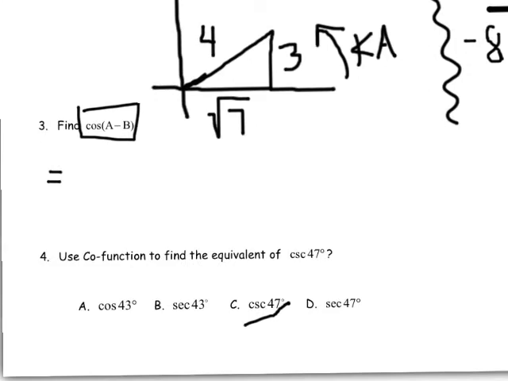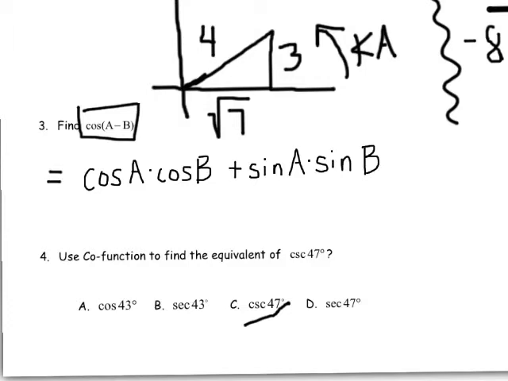So cosine A, I'm going to have to go back and forth to see my triangle. So cosine A times cosine B plus sine A sine B.